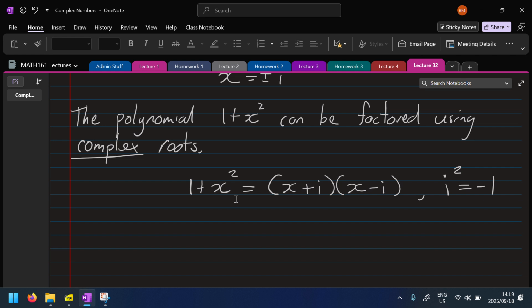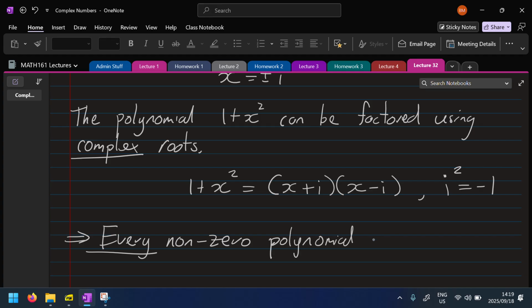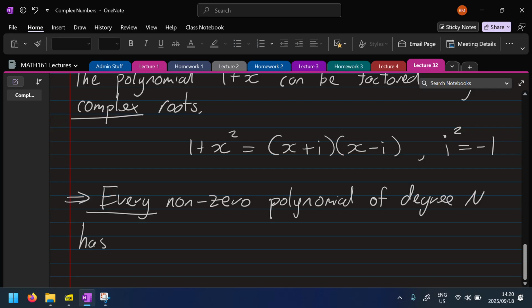We'll see that shortly. So every non-zero polynomial of degree n has n complex roots.